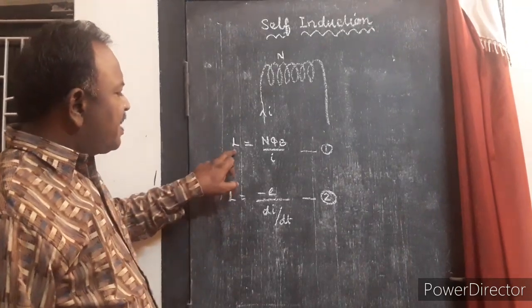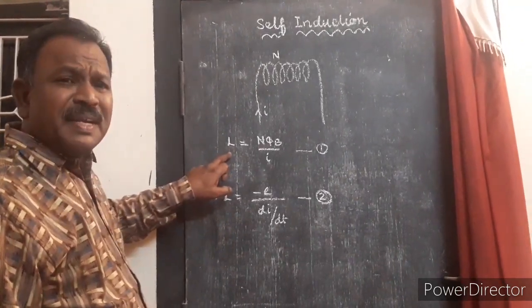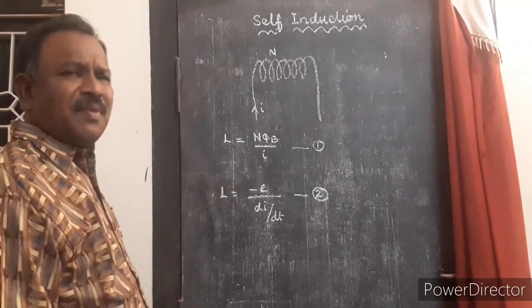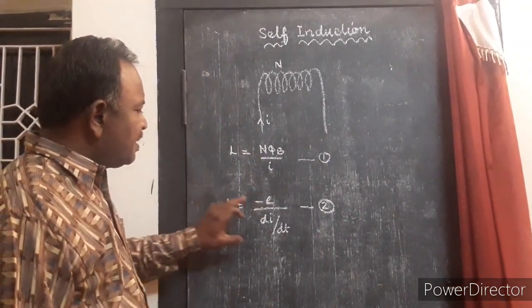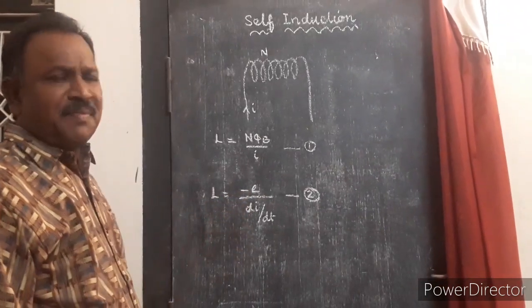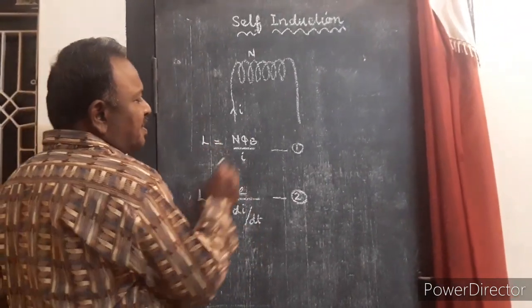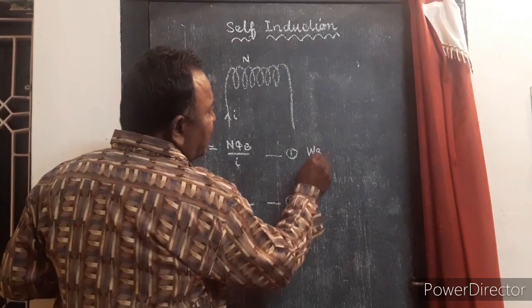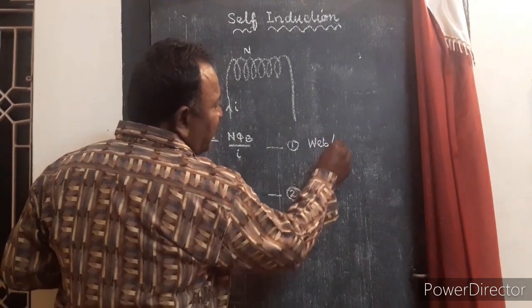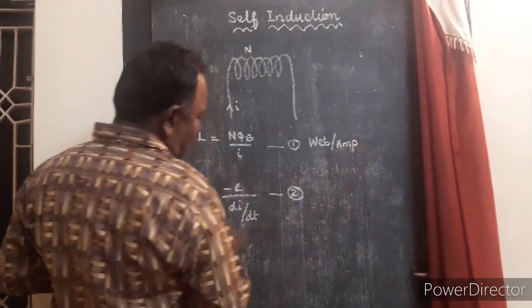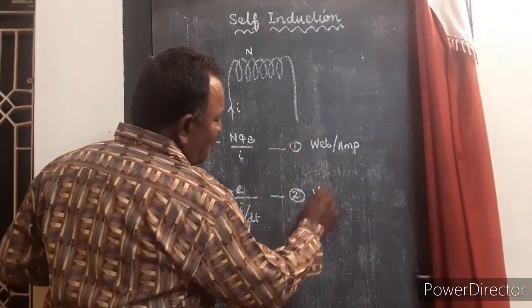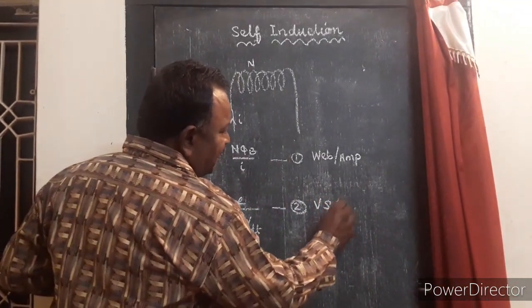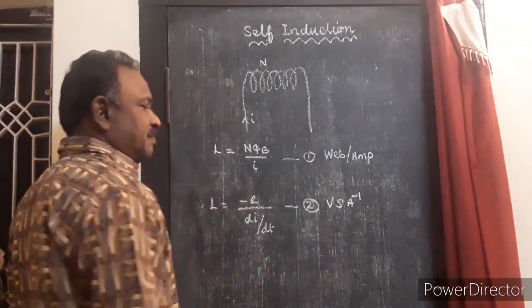So we have seen self-inductance in two different forms. This is in the form of flux linkage, this is in the form of opposing EMF. As per this equation, the unit is Weber per ampere. According to this equation, the unit of self-inductance is volt second per ampere.